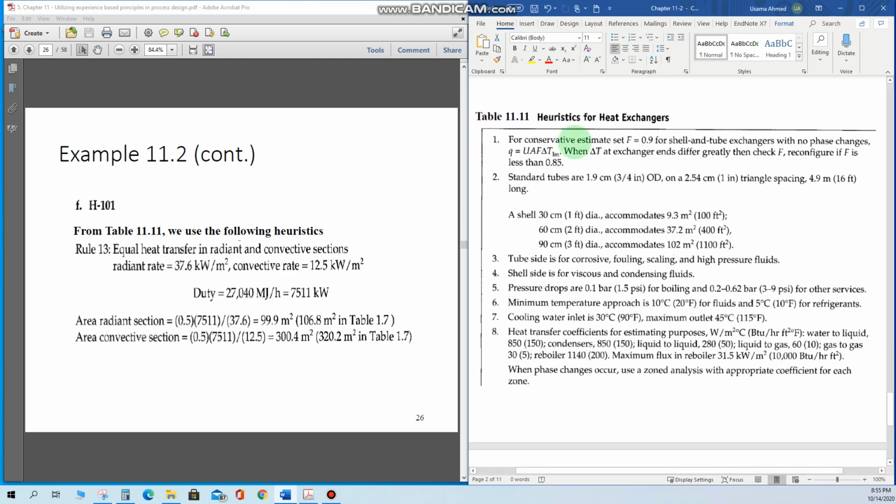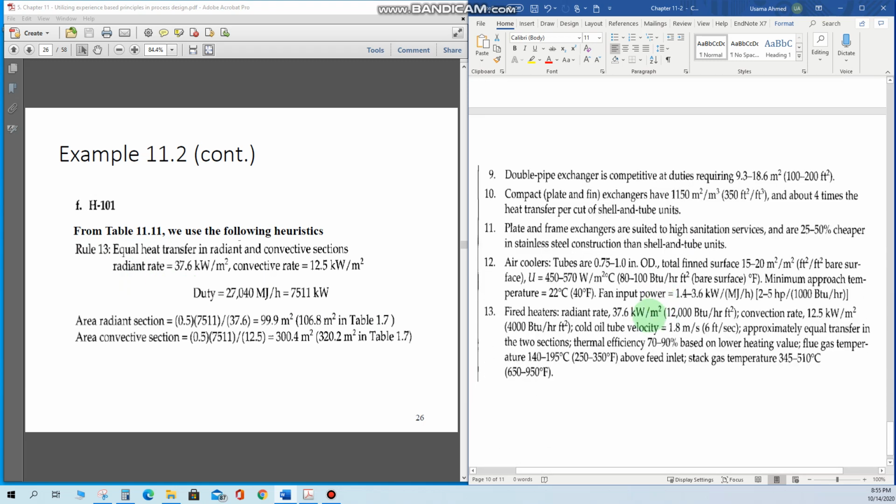So if I take you to table 11.11, okay, yes, this is table 11.11, and here you would see the heuristic number, maybe rule number 13. Okay, so you can go down, and here you can see rule number 13, which is about the fired heater. In the fired heater, the radiant rate should be 37.6 kilowatt per meter square. Convection rate is this one.